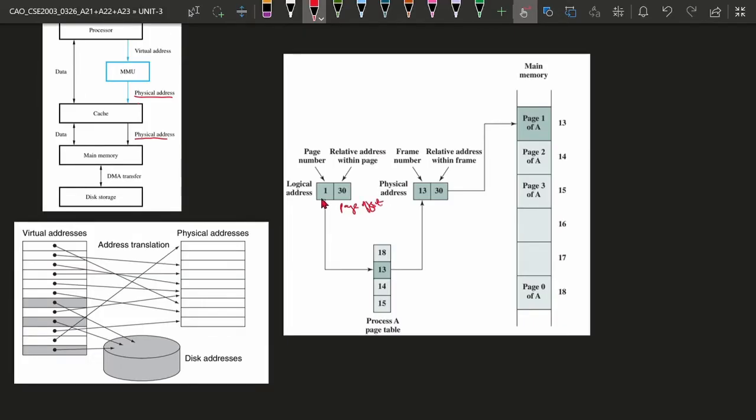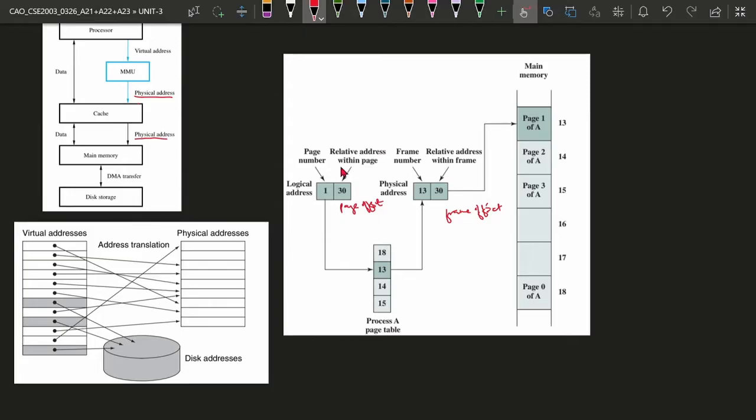First few bits will be indicating the page number, last few bits will be indicating the page offset. Similarly, the physical address will be divided into frame number and relative address within the frame, or we will call it frame offset.